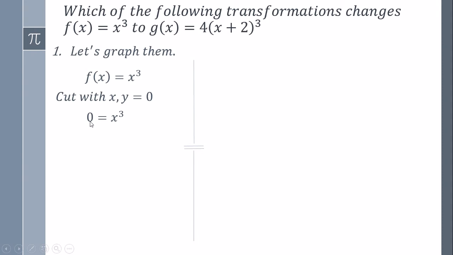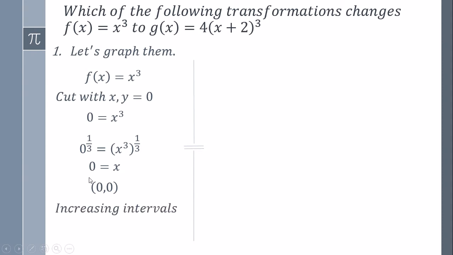I solve for x by raising both sides to the power 1 over 3 to cancel out the 3, and we have x equal to 0. So the crossing of the axes is at (0, 0), and we now know it for both x and y.